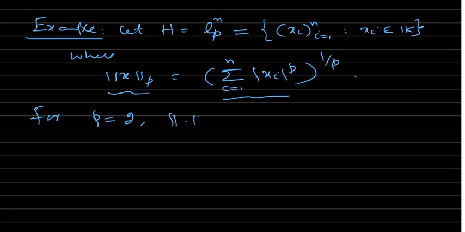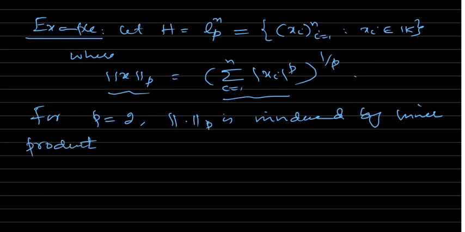For p equal to 2, this pth norm is induced by inner product, because it satisfies the parallelogram law. For p equal to 2, it can be easily verified.